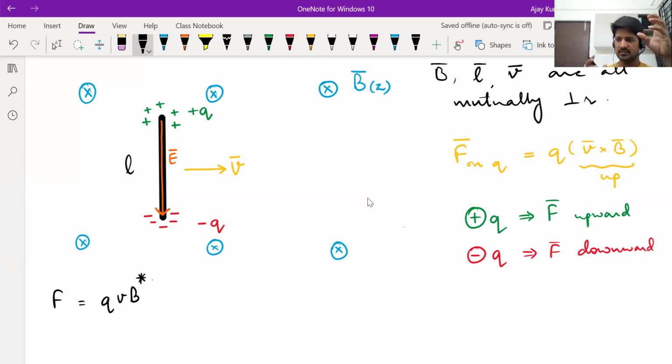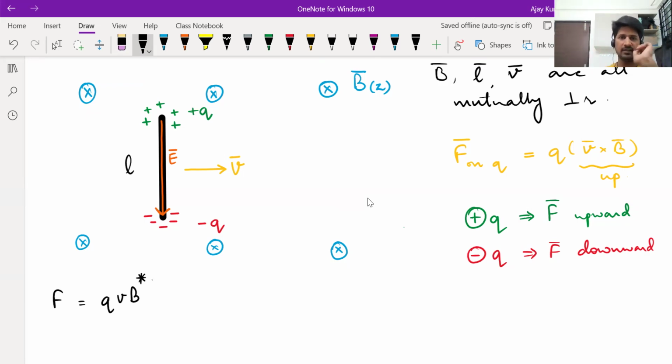But positive charge and negative charge naturally tend to attract each other. That force of attraction is Coulomb's force, the electrostatic force of attraction between positive and negative charge. So QVB is trying to separate them, and the electrostatic force QE is trying to bring them back together.